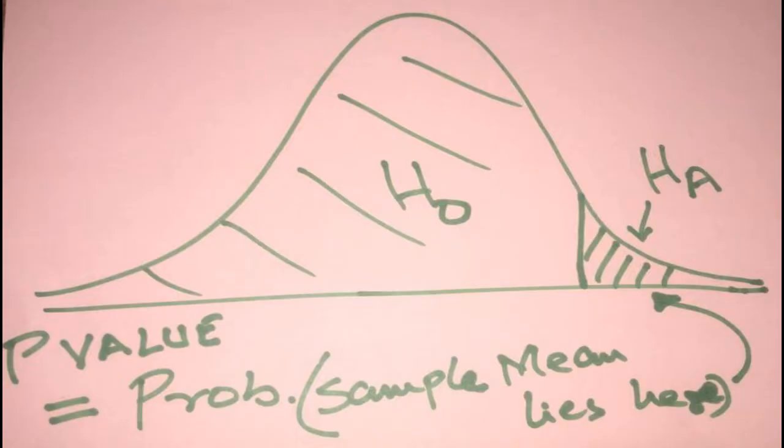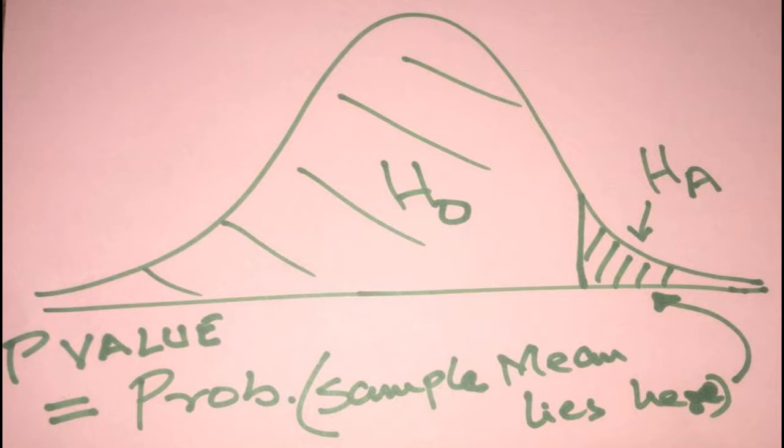There is no problem. Everything is okay. Under this assumption, what is the probability that the next sample I'm going to measure, its mean will be in the rejected portion, right?